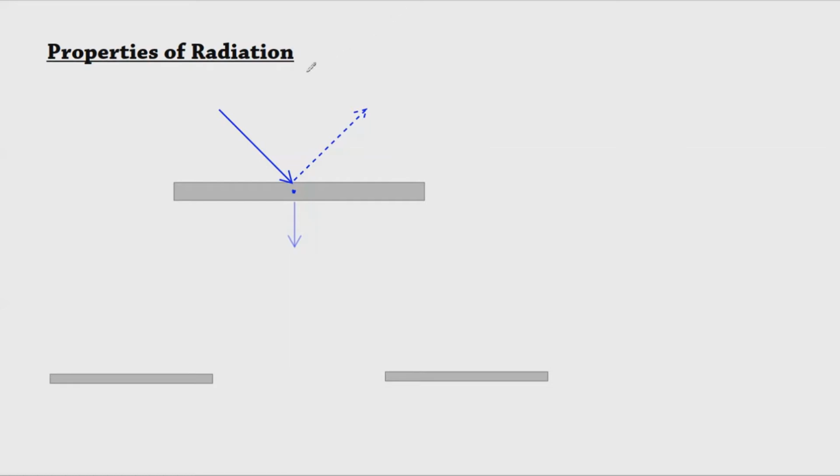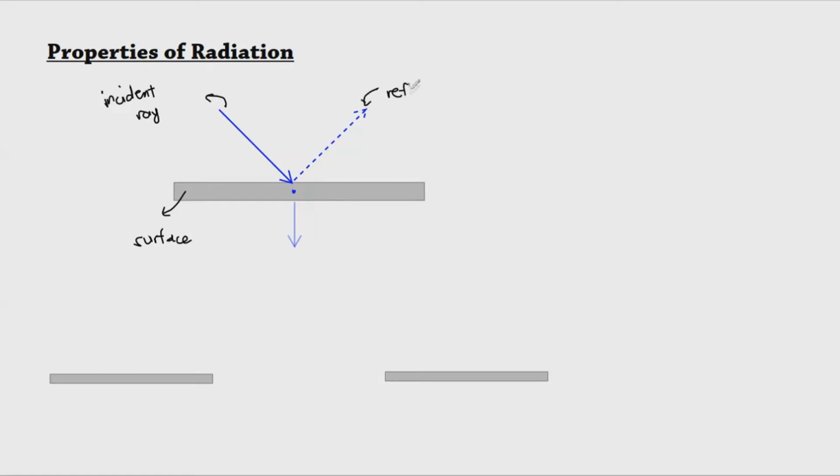Now, when we imagine an incident ray, this one is the incident ray, being something like a straight line. So this incident ray, upon meeting or striking a surface, we call this the surface of the material. So part of the incident ray will be reflected.